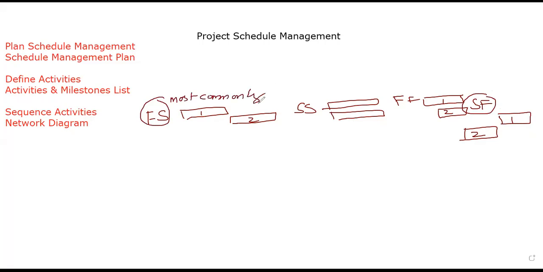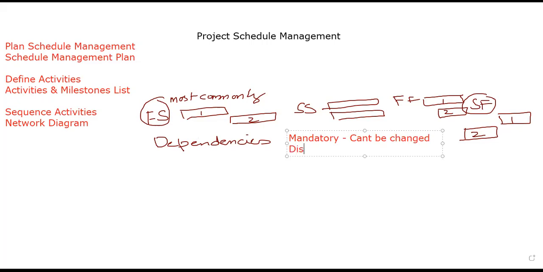Apart from relationships, we have dependencies. What are the dependencies? We have mandatory dependencies. When I say mandatory dependency, it means it can't be changed; you have to follow the same sequence. Discretionary, or preferential, or preferred, or soft logic, can be changed, and once you change it, it will not impact the project.